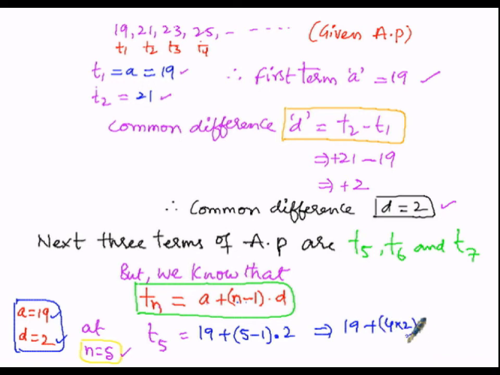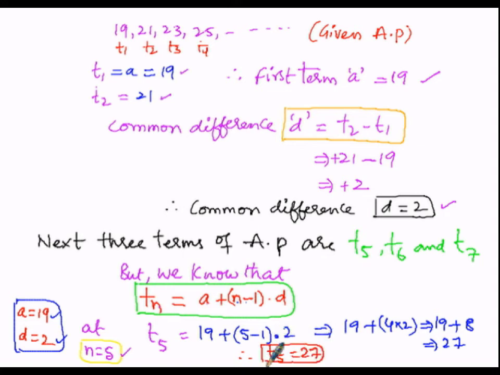So 19 plus 4 into 2 is 8, 19 plus 8 is 27. Therefore the fifth term T5 is 27.